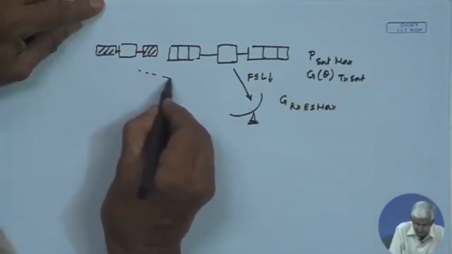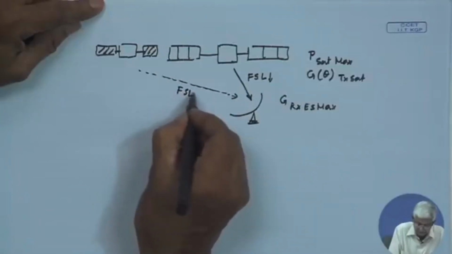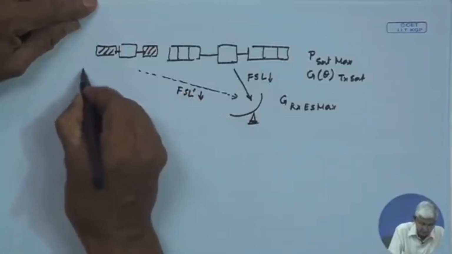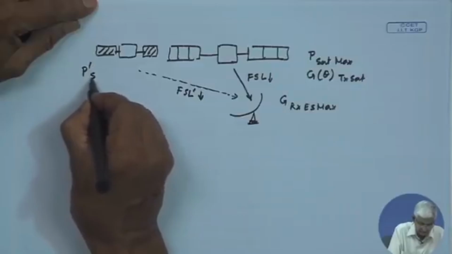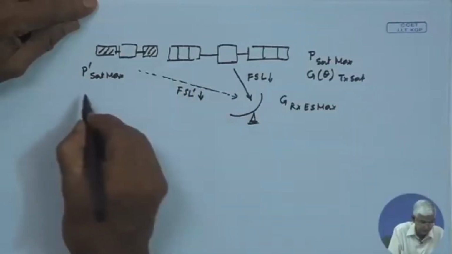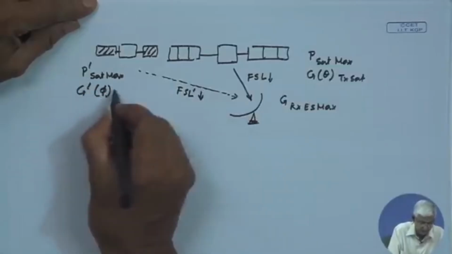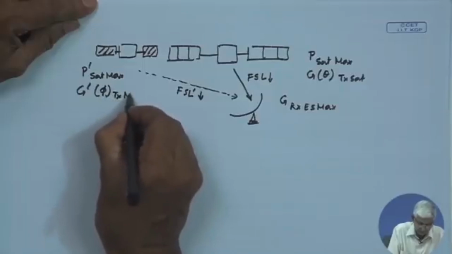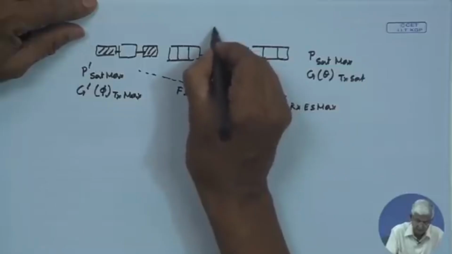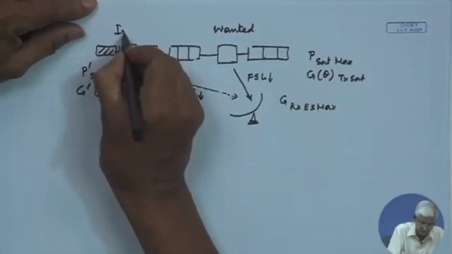From the interfering station, the interfering link which is coming has a free space loss prime downlink. So, it is P dash satellite max, P dash because it is interfering to the downlink, and it is G dash phi transmit max from the satellite. This is the wanted satellite, this is the interfering satellite.